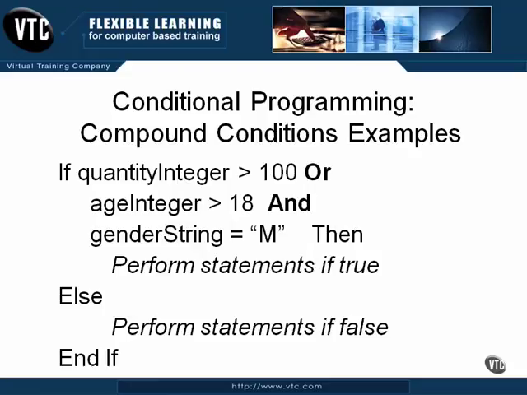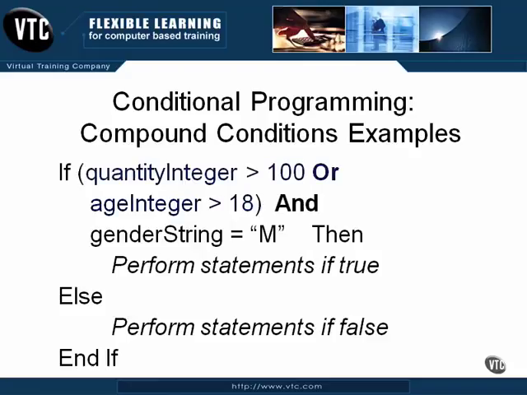Another way of looking at this is to imagine there's a set of parentheses right before the variable age integer, and a closing parenthesis after the letter M in the gender string comparison. That is because the word AND by default causes that portion of the if statement to be evaluated first. If, however, you want to alter this, just like in an algebraic equation, you can indeed use parentheses.